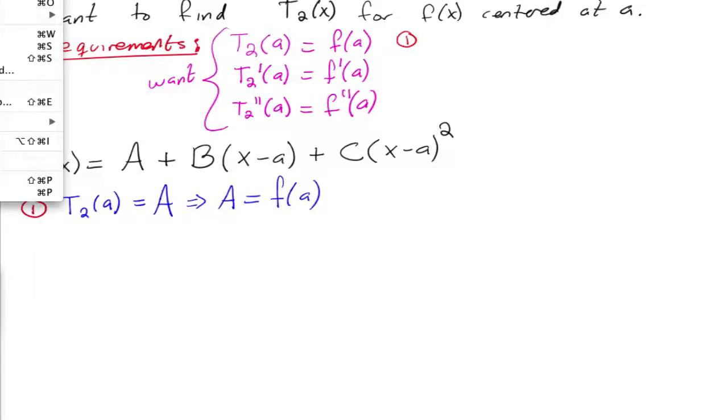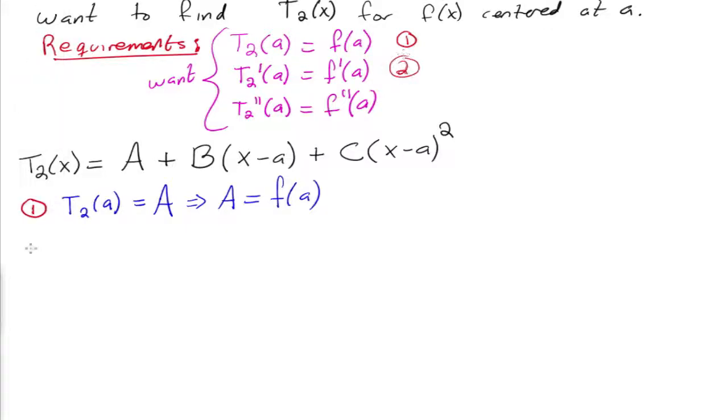Do you guys agree? Okay, now, for requirement 2, I need the derivative to be equal at that point as well. So let's first find the derivative. So T2 prime of x, what is that equal to? B plus 2c times (x minus a) to the 1, right? So I just found the derivative of T2.